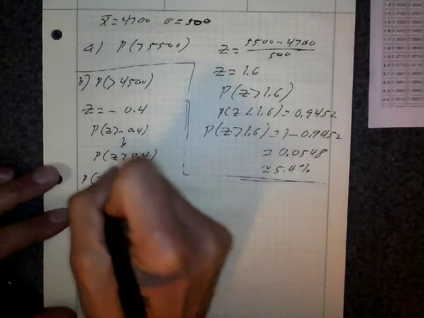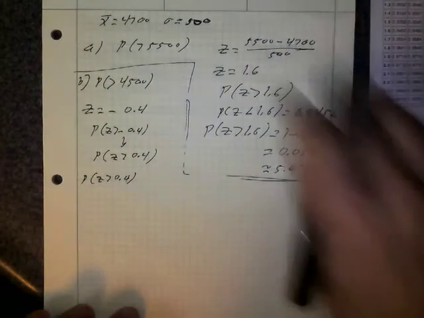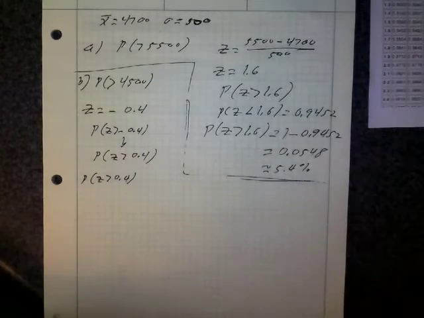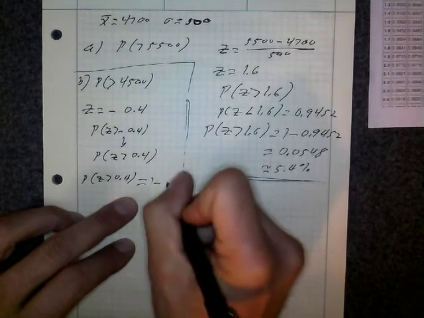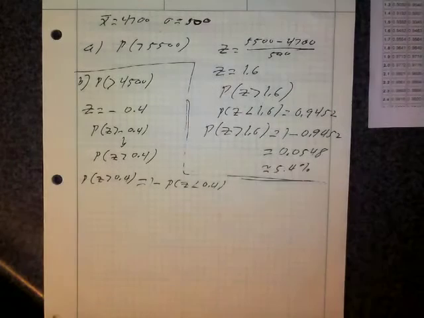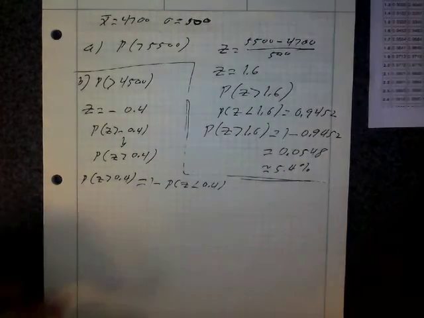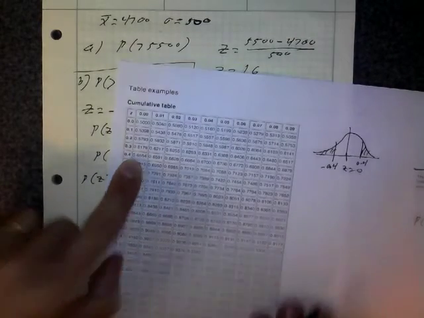So the probability of having a z value greater than 0.4, again, with some of the issues we discussed in the last one here, in that the z table only gives you probabilities for less than a given number, I would just find 1 minus the probability of having a z value of less than 0.4. So it's very similar to the last problem in that regard. And if I go back to the z table and look up 0.4, I'll see it's right here, 0.6554.